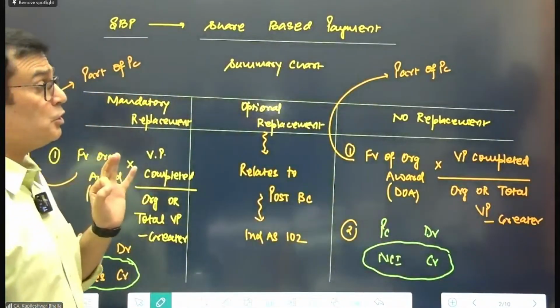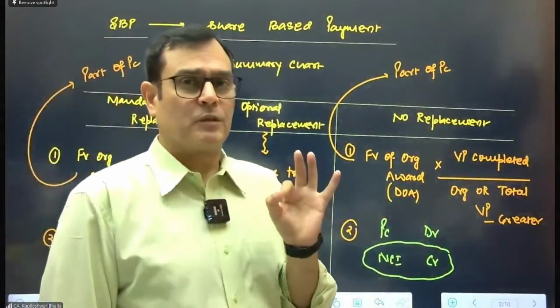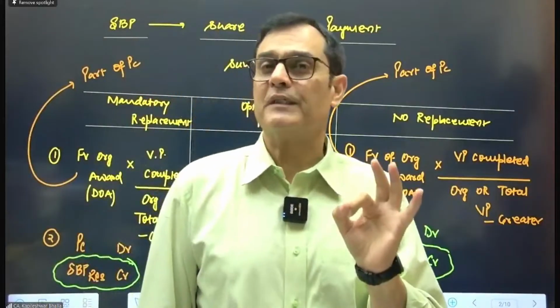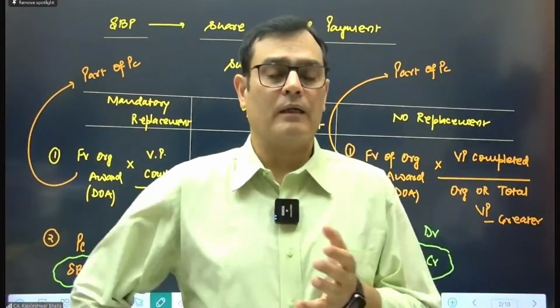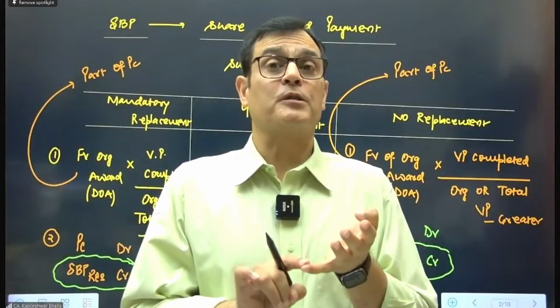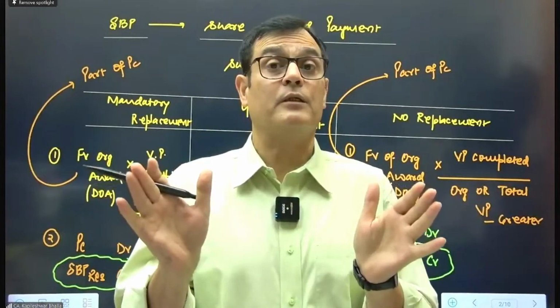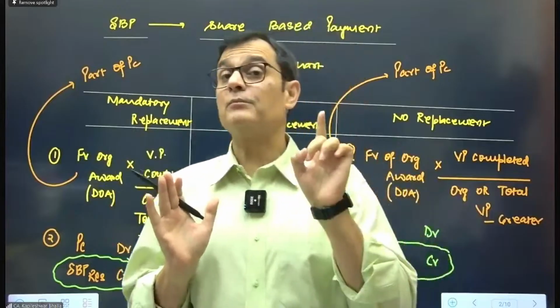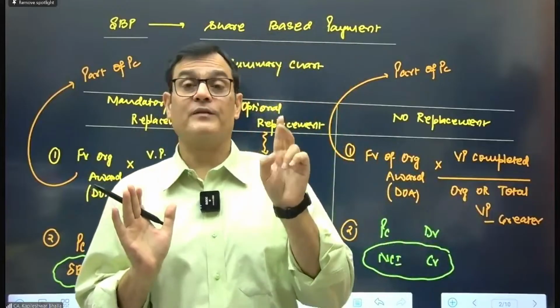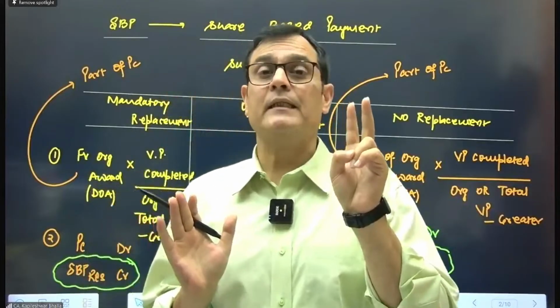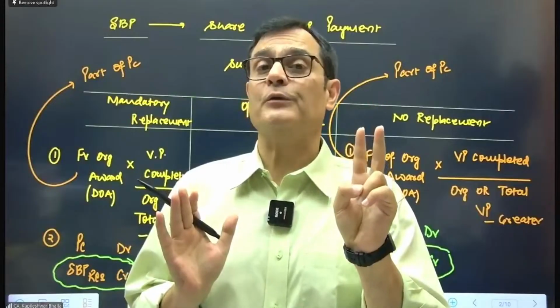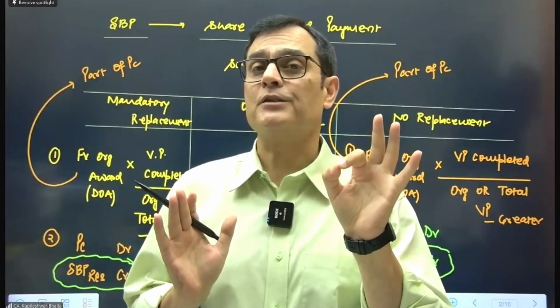So I've just created a short summary chart, reminding the provisions in terms of SBP. Remember, if it is a case of optional replacement, I'm safe because nothing is required to be done on the acquisition date. If it is a case of mandatory replacement, or if it is a case of no replacement, then a proportion of the fair value is entered as a part of the consideration.